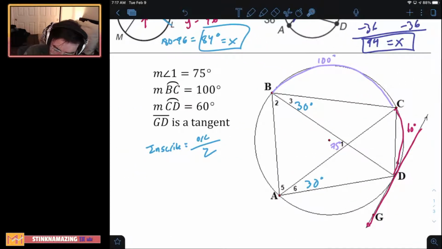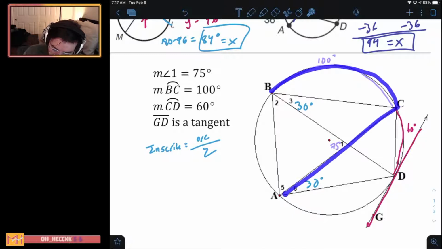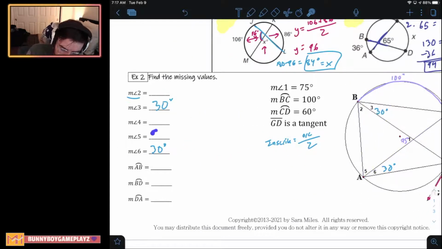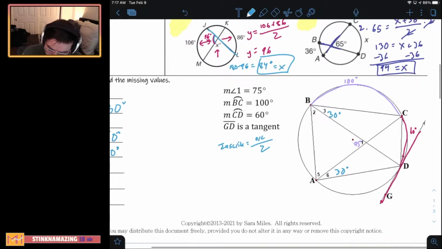And this is 100, and angle 5 connects to that. So if this is 100, then this is 50. You see how I'm just knocking out these easy ones first? I'm just dividing by 2. That's pretty straightforward. What else can I solve for?